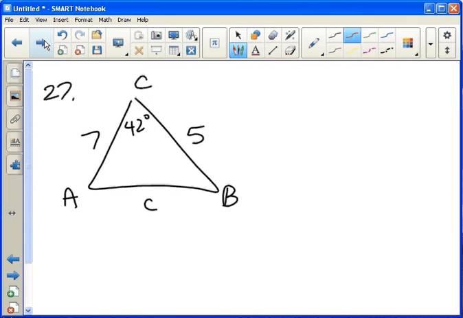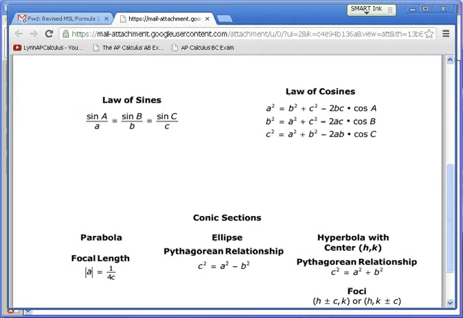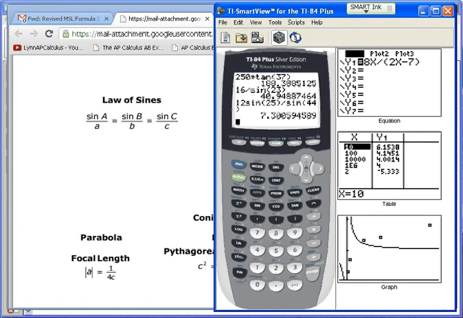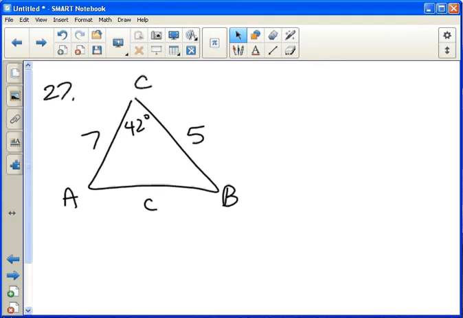Now if you look here, there are three versions of the law of cosines. A squared equals, B squared equals, and C squared equals. You can tell which one you want by looking at the angle. We have in ours angle C. So we want to use that third one, which is C squared equals A squared plus B squared minus 2AB times cosine of angle C. And we can plug all that in.